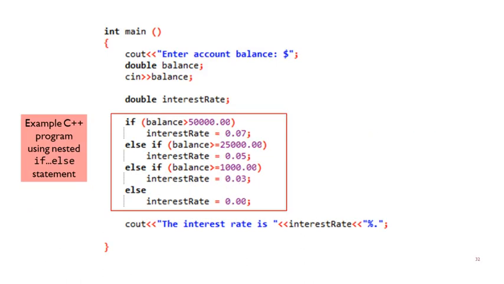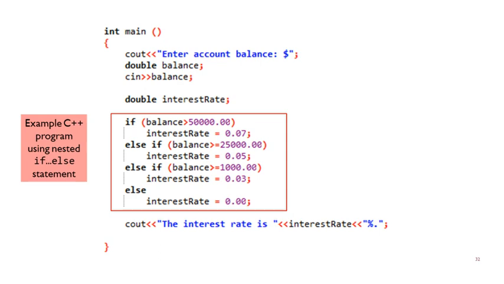So next, let me see what is the C++ program to solve the previous problem. As you can see here, I use the double data type for the account balance. And then same goes to the interest rate, I use the double data type.